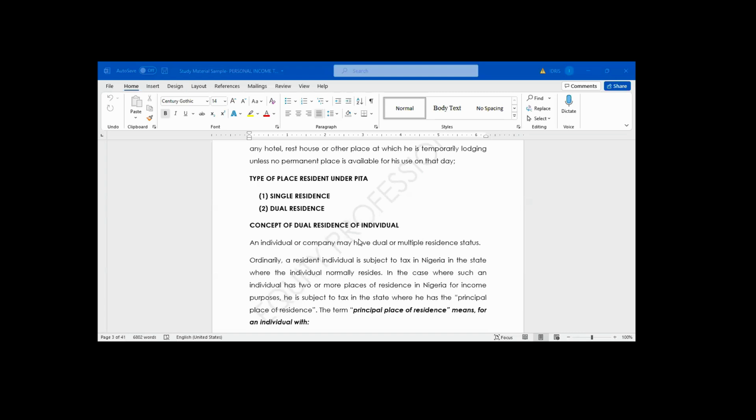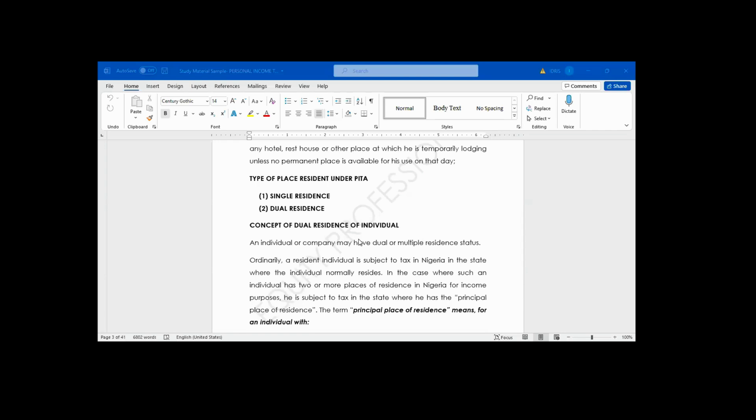In that case, we need to determine your principal place of residence out of the two. A situation whereby an individual has a dual residence, we need to determine his or her principal place of residence. That means out of the two places that you are residing, which one is the most common? Which one are you familiar with? Which one do you normally stay in most?